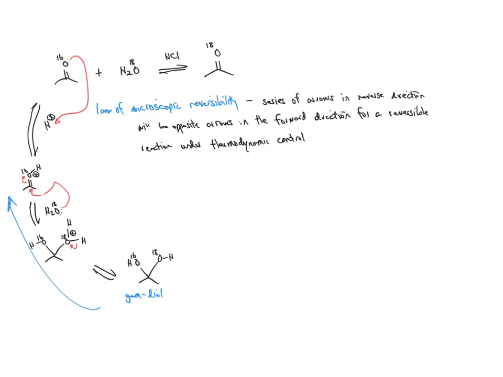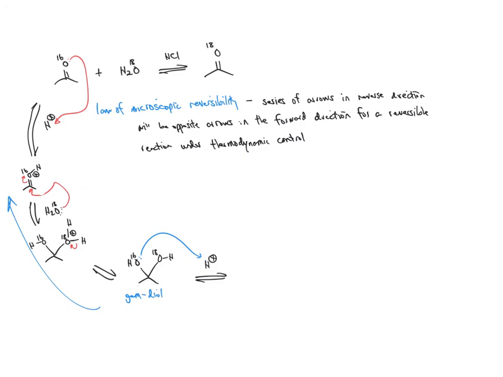In this last step here, we lost a proton from the O18 labeled alcohol. What if we were to think about protonating the O16 labeled alcohol? That should be the exact opposite of deprotonating the O18 labeled alcohol.